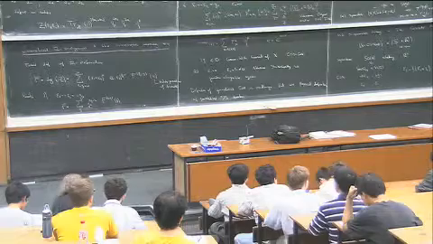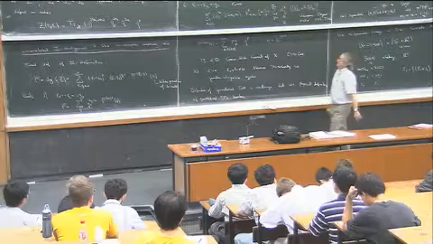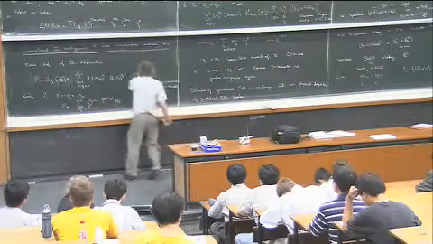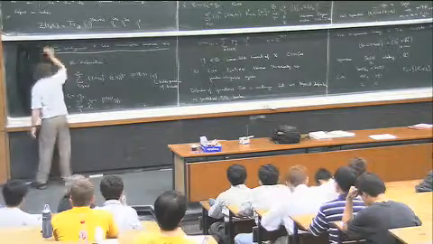So the second part of my talk will be merely to calculate these FGs. So these quantities I want to calculate, and I want to calculate them in the B model.